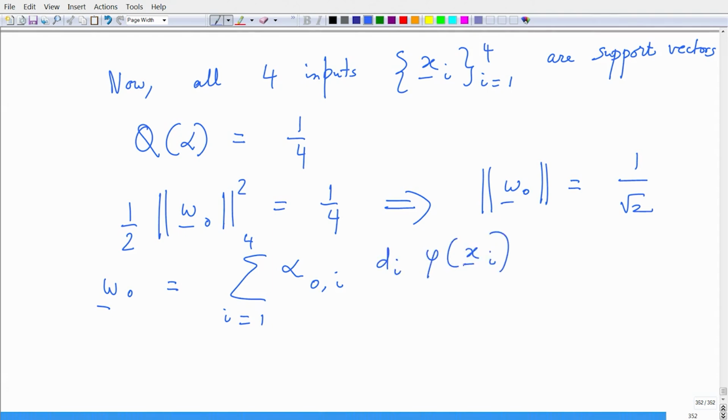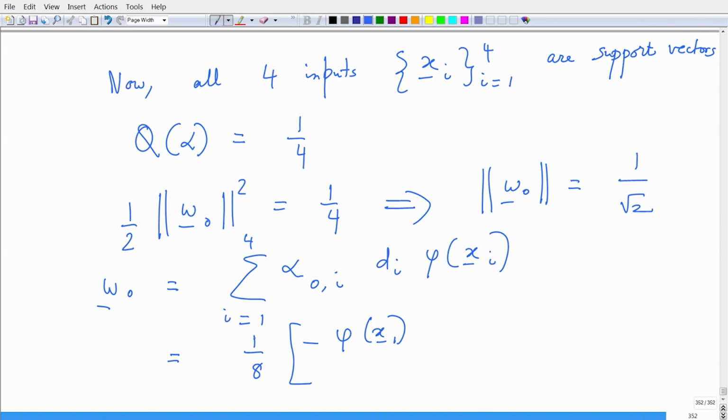So, I take for all these points i equals 1 to 4, I plug into this expression. I know for a pair xi, di what the values are, and I have computed alpha optimum i to be 1 upon 8, which I pull out.